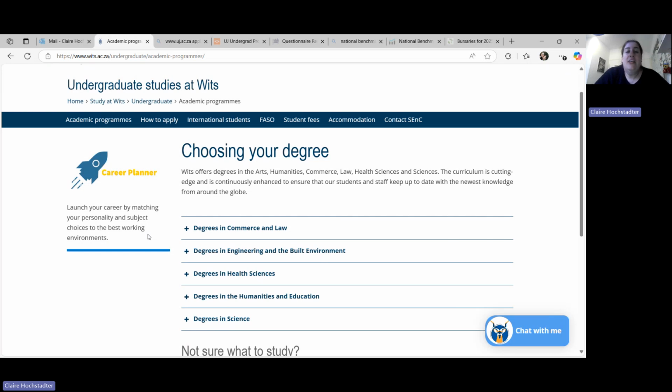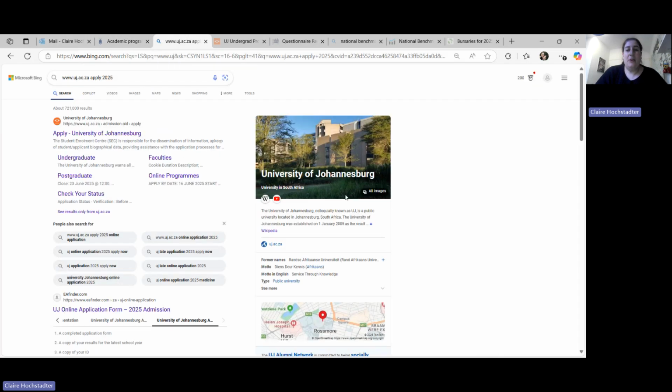We are looking at, do you meet the minimum requirements in order to be able to apply? Okay, so we are going to then do the same exercise for UJ. Both of the universities in this particular lesson are the local ones. Fundamentally, that means that you wouldn't be having to look at accommodation.